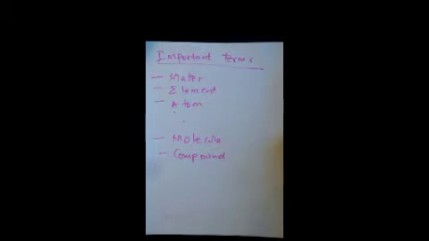A good example of a compound is sugar, glucose. Glucose is a type of sugar that has 6 atoms of carbon, 12 atoms of hydrogen, and 6 atoms of oxygen.